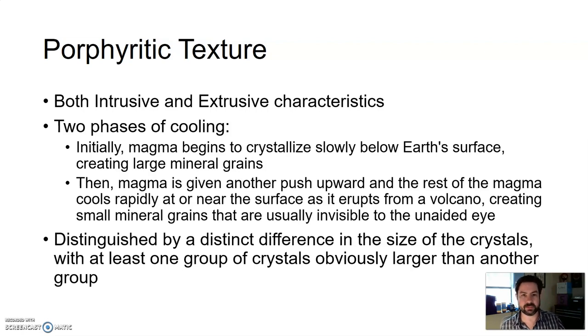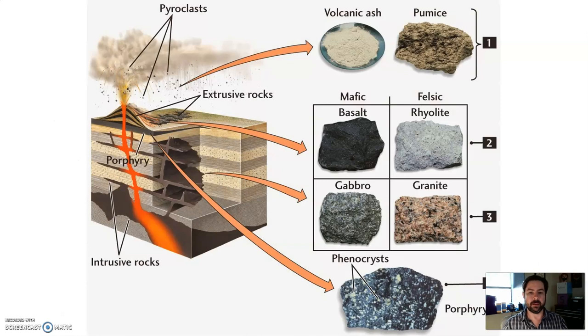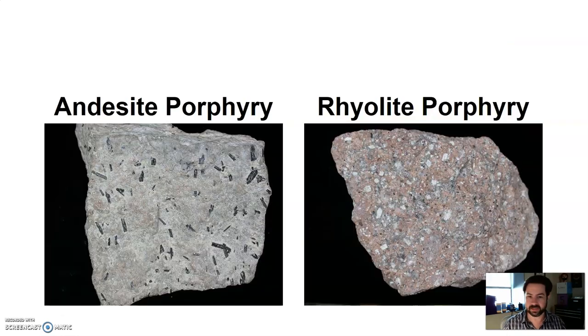So you can really distinguish porphyritic texture because they have this small and big crystal texture. Some common porphyritic rocks would be andesite porphyry, rhyolite porphyry. So both small and big, a two-step process.